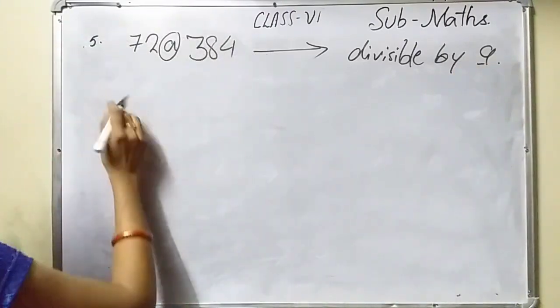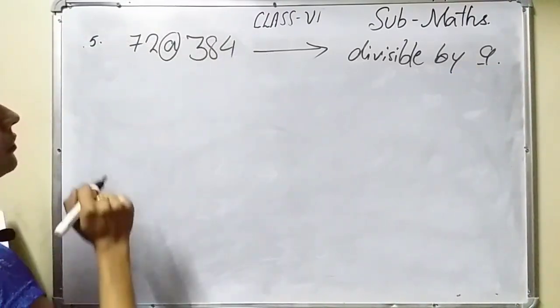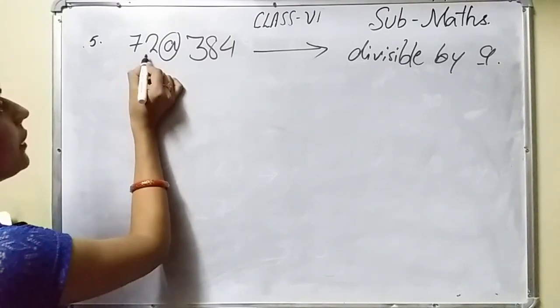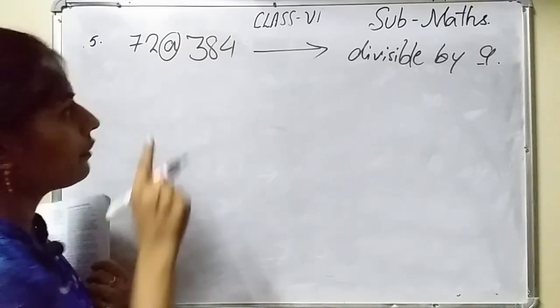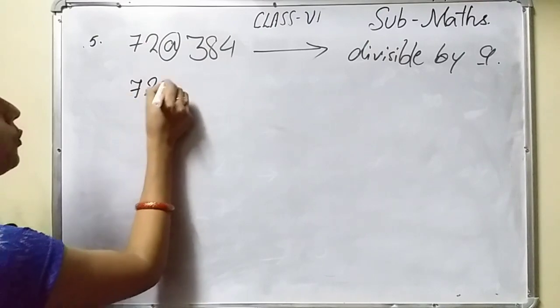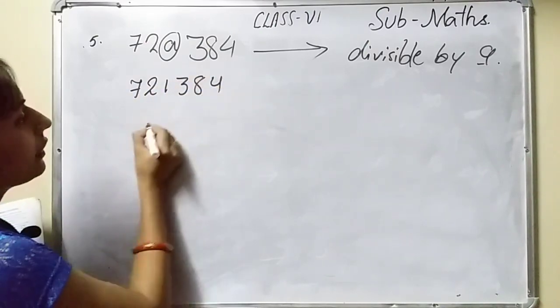Okay, now see, first of all put 1 here: 7 2 1 3 8 4. Now get the sum.